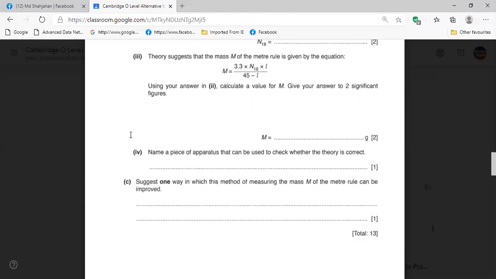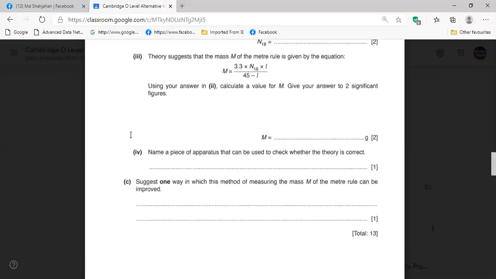For example, maybe after giving 10 masses your ruler is balanced, or after giving 5 masses it is balanced. So if you are giving 5 masses, what will be the mass of all the masses? Can you calculate 3.3 into 5, right?